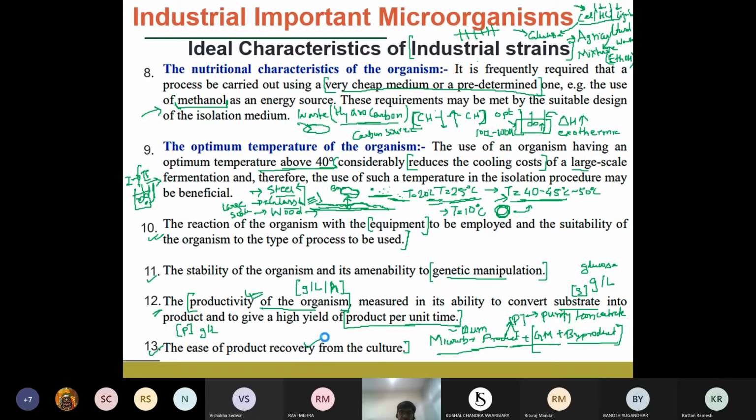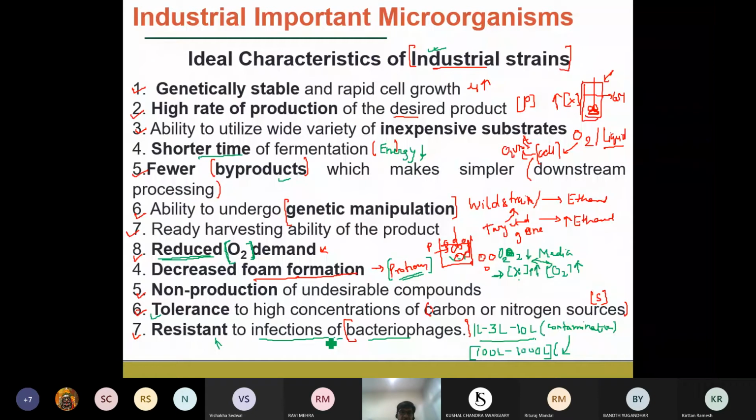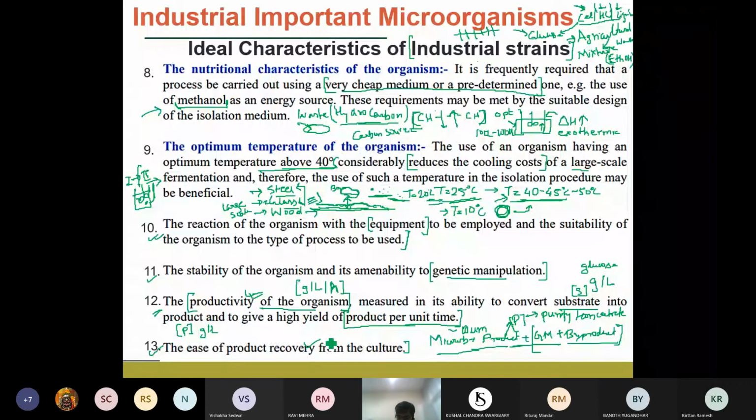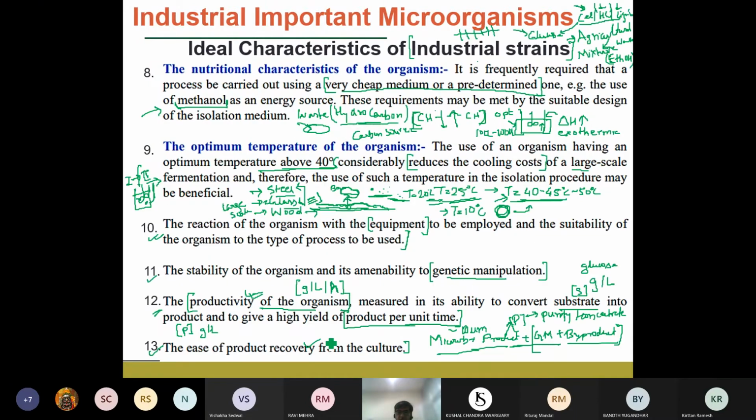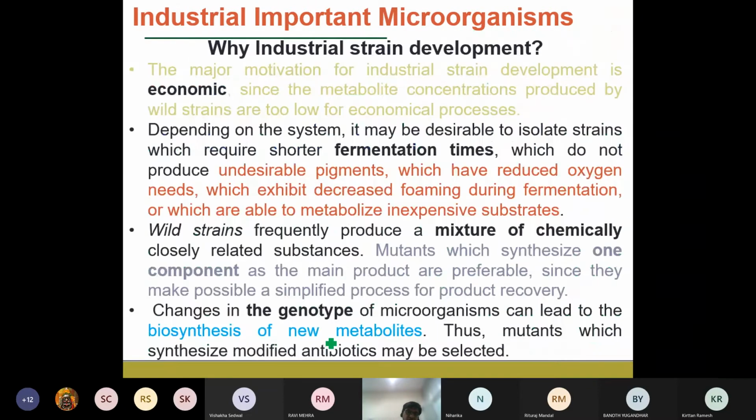So if you are asked what the ideal characteristics of an industrial strain are, these are the very basic characteristics required when you are going to design an industrial strain. If you are also asked why so many steps and so much effort are required in developing such an industrial strain, the main target is always economic development.